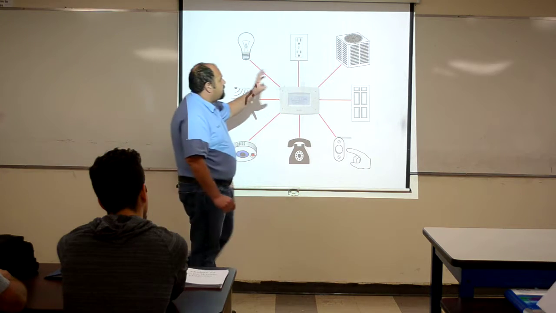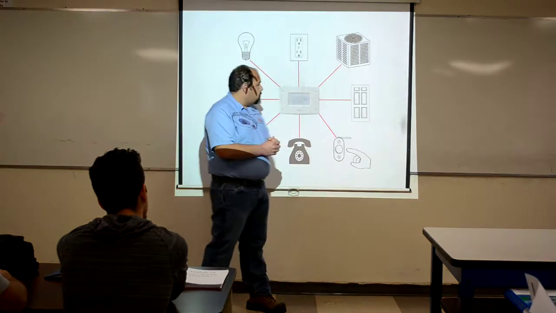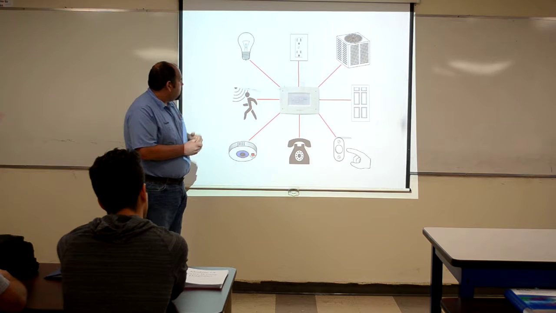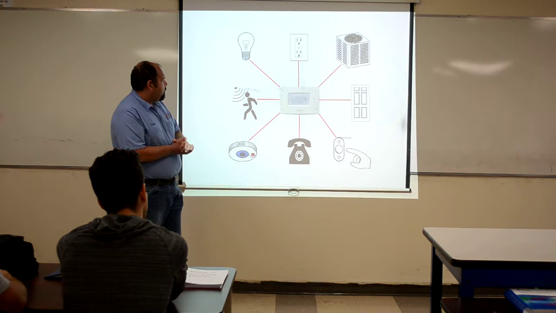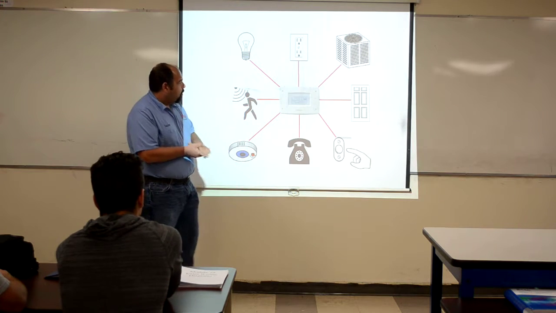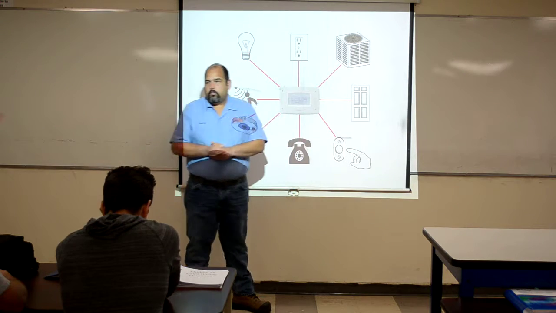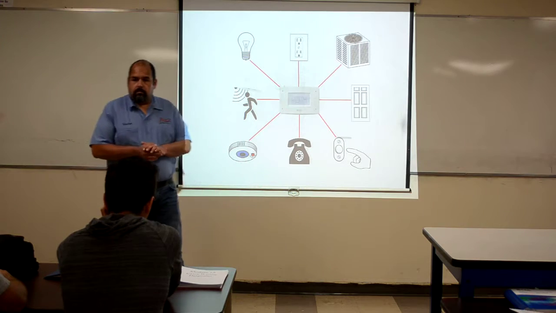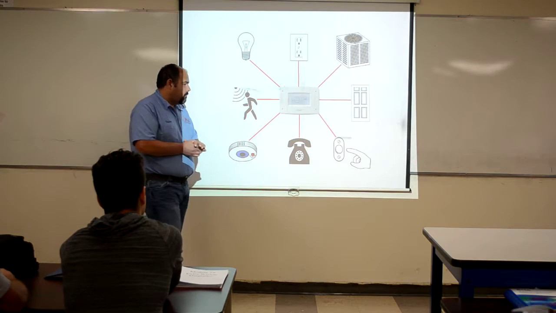We can control our heating system in the house. We can control our security system in the house, whether it's for intrusion or for fire alarm. We can control our doors and our curtains from the cardio system.